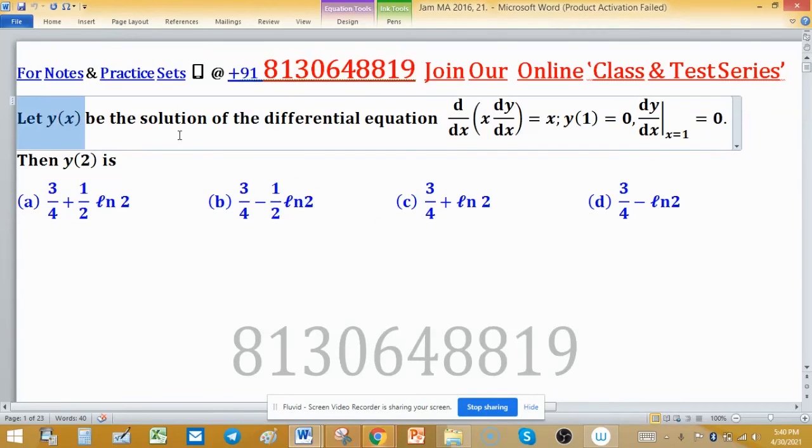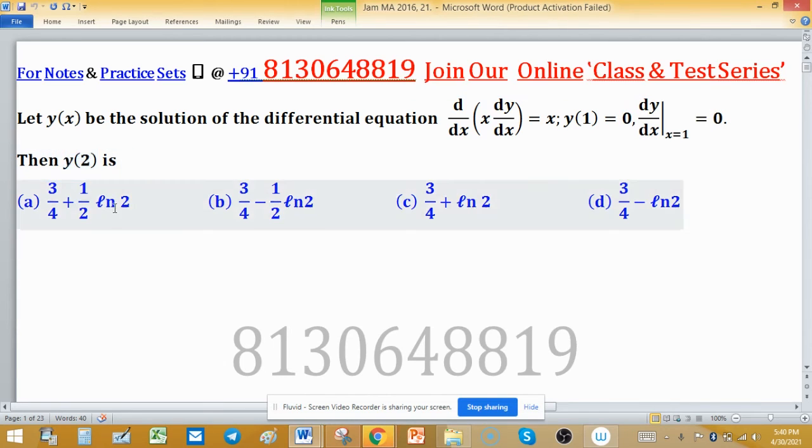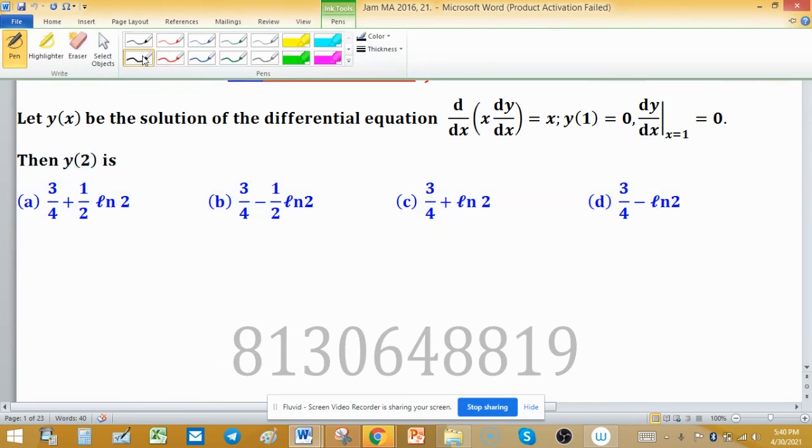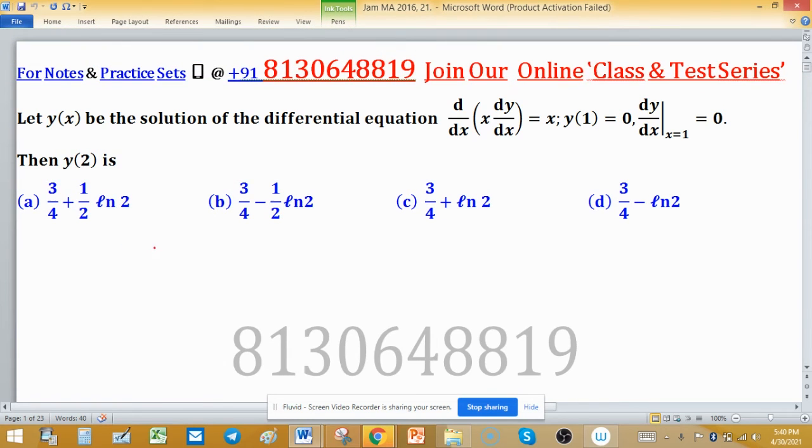Let y of x be the solution of the differential equation, and the given conditions are y of 1 equal to 0 and dy over dx at x equal to 1 is again 0. Then we have to find y of 2, where d over dx of x dy over dx equals x. This is the differential equation as given.